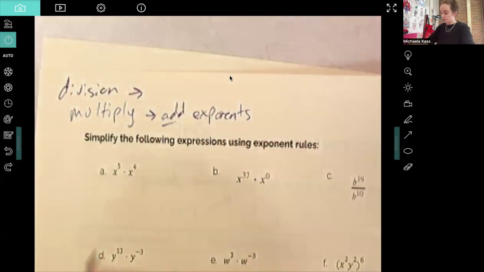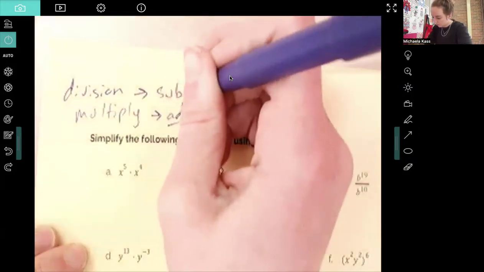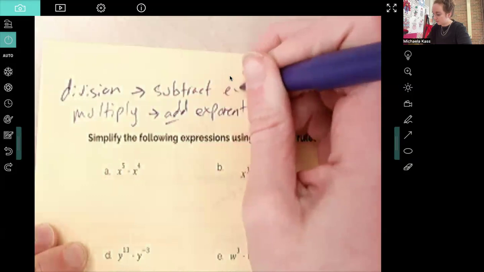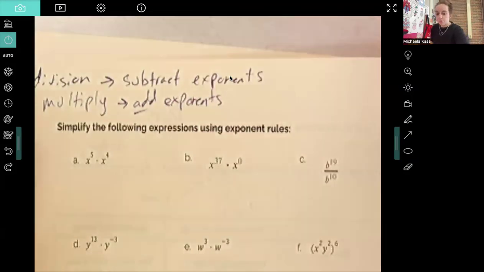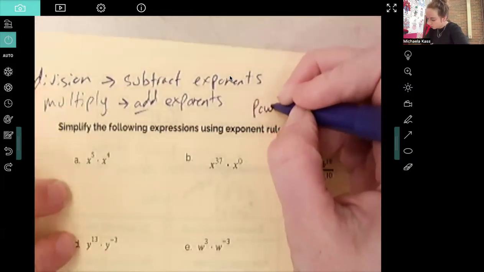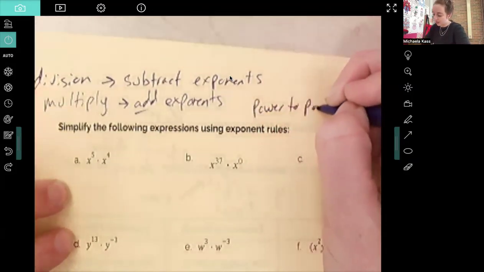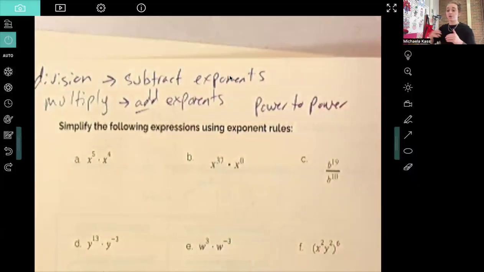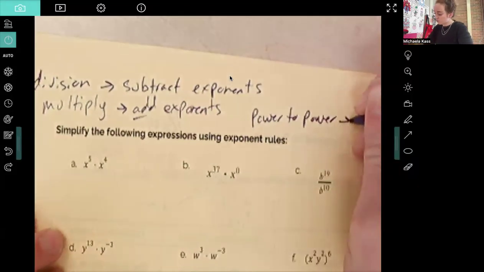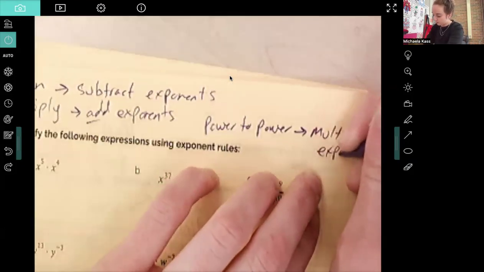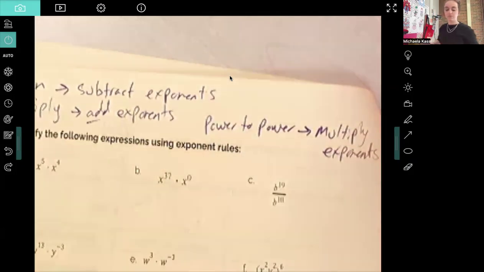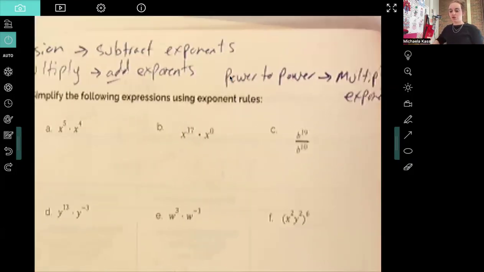So division goes with subtraction, right? The other property you need to be aware of is if we have a power to a power. So that means if we have an exponent raised to another exponent, that is going to be a multiplication of our exponents, okay? So we multiply exponents. Okay, this should help us.